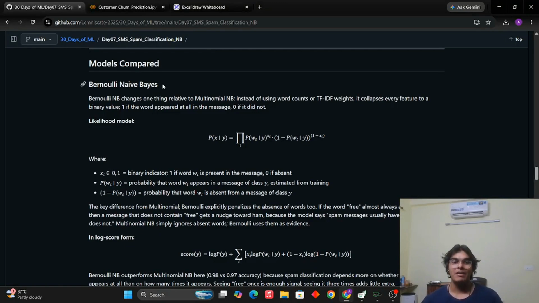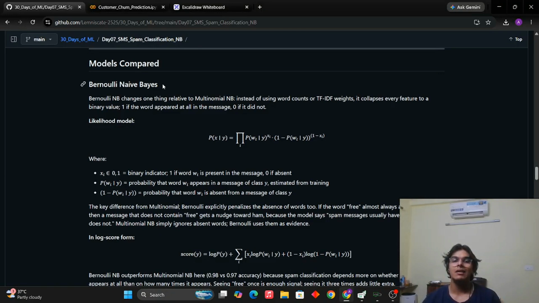What happens in this case is that it penalizes the absence of words. Let's say there's a word "free", which appears a lot in spam. Let's say there are four messages: free coupon, free deal, free food. And the fourth message is also a spam message, but it does not contain the word free.